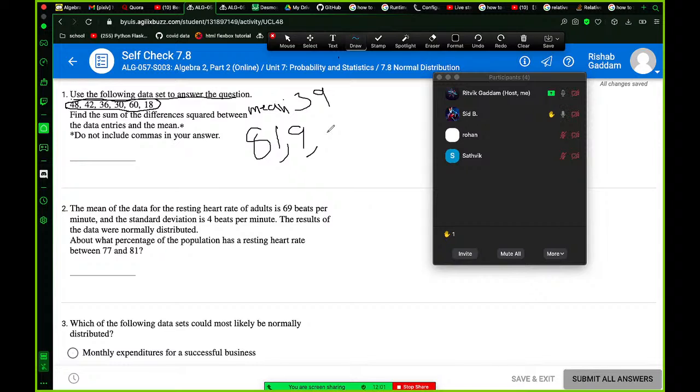Okay, so the second one was also 9. Second one is 81. The next one after that is 441.